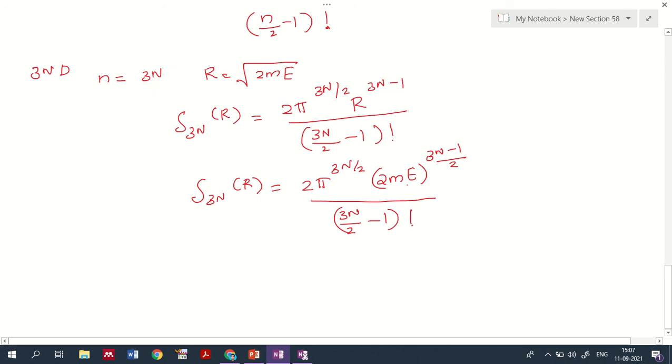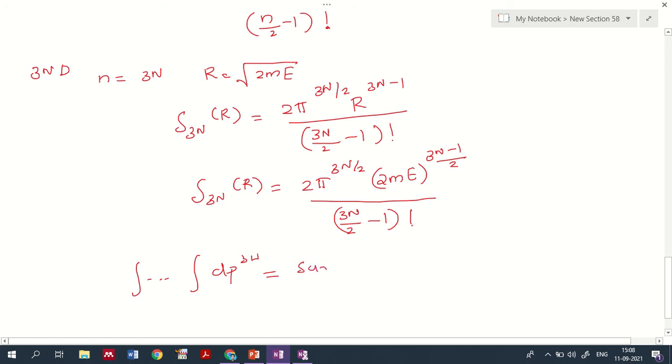Now in this case, when you consider the volume of a momentum space, it is equal to surface area into thickness.